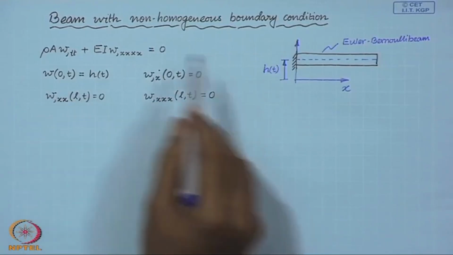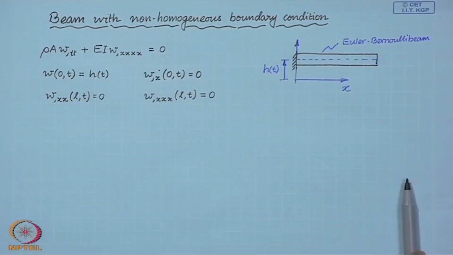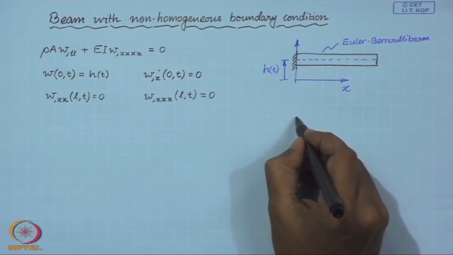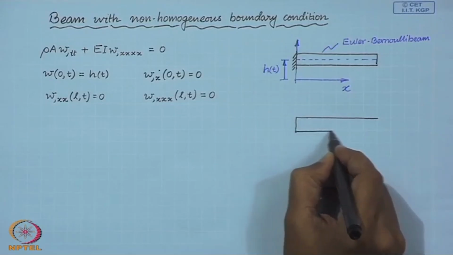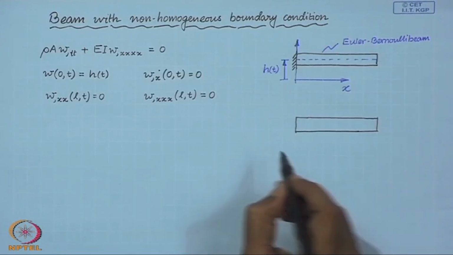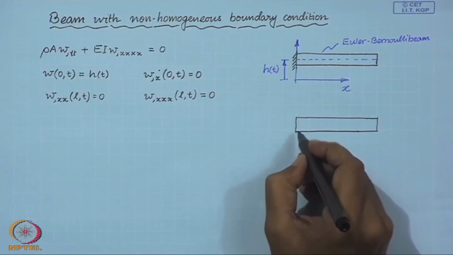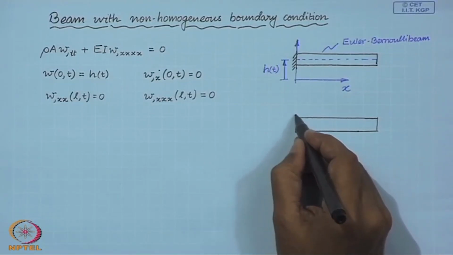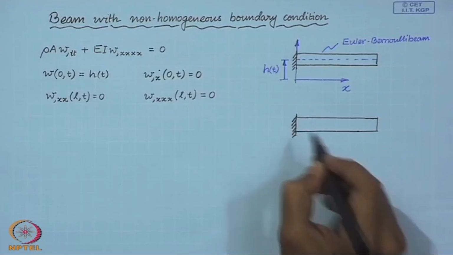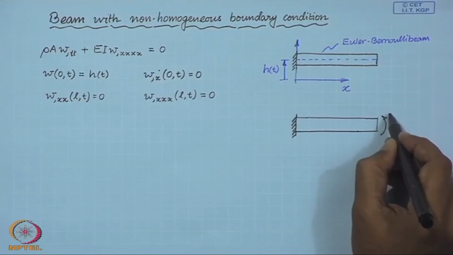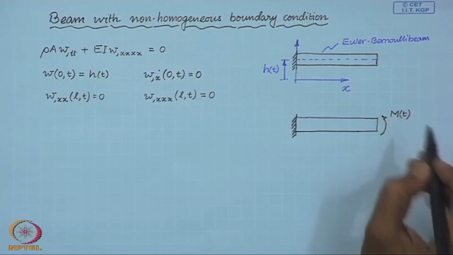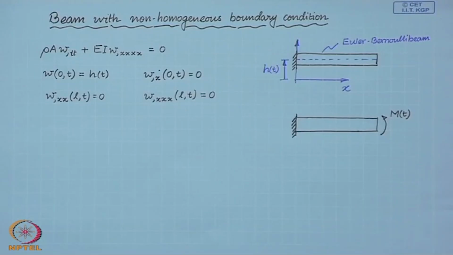Now, this is one kind of non-homogeneous boundary condition. You can have other kinds. For example, you can have a cantilever beam once again, but let us say with a time varying moment at the free end.